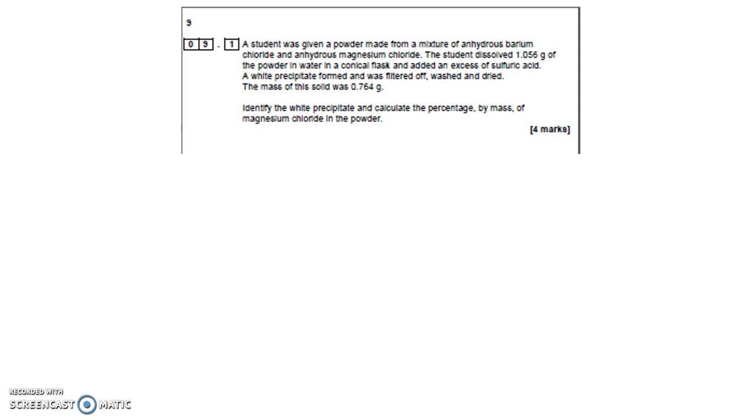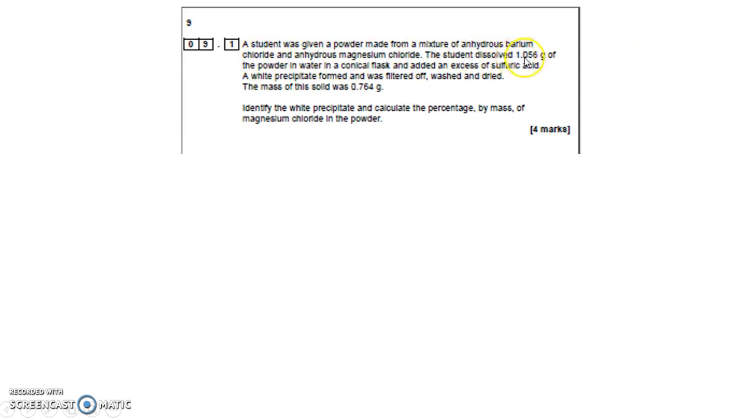It sits in your gut as a solid which appears on an x-ray plate, so you can see if you've got any ailments or illnesses. You can x-ray soft tissue like your intestine by putting barium sulfate solid down there as a barium meal. Anyway, so barium chloride and anhydrous magnesium chloride.